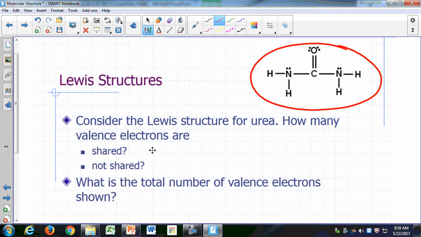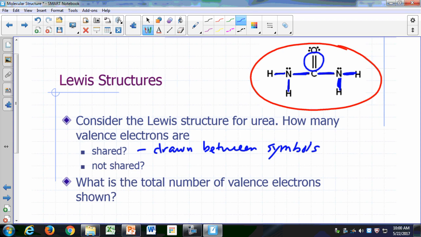Well, remember we said shared electrons are drawn between symbols, right? So you have a dash here, so that's 2. Another one over here, that's 4, 6, 8, 10, 12.